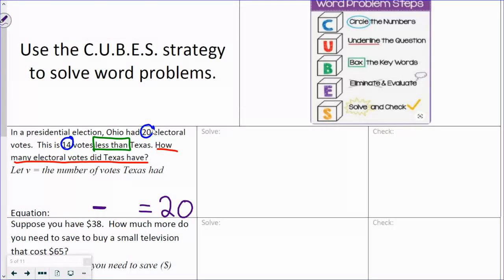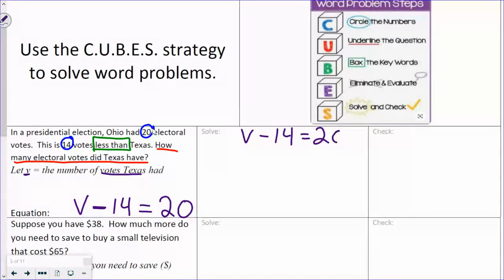We don't know how many votes Texas got, so that's where this variable V comes into play. We're going to take 14 away from that, and that should equal our 20. So you're going to have to make sure you're, 1, looking at the information they gave us and then writing the correct equation to it. Then, as always, we need to solve our problem.